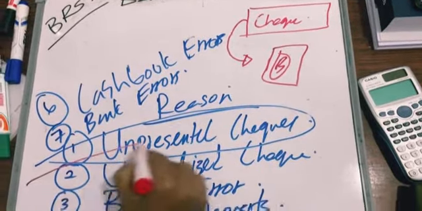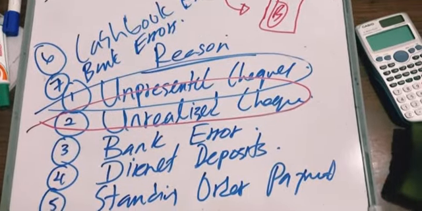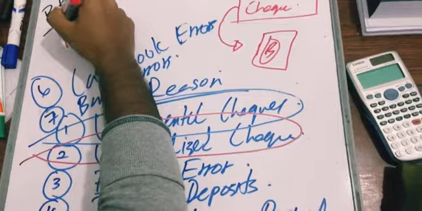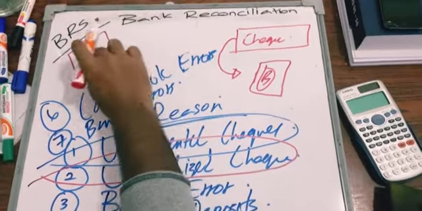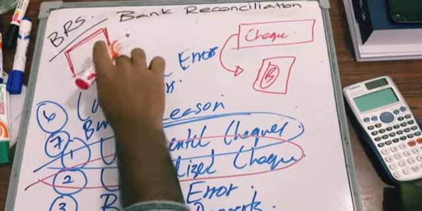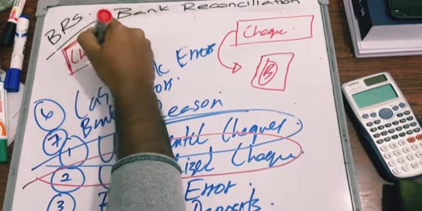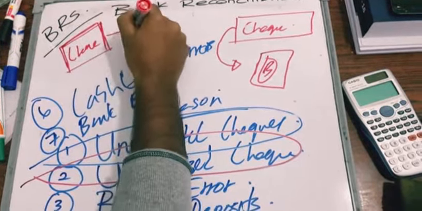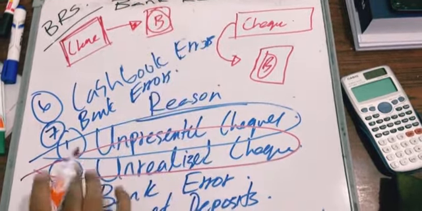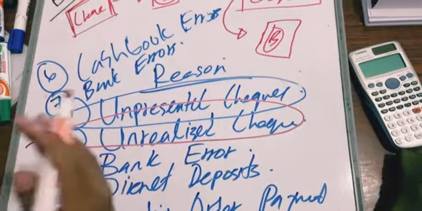Next, unrealized checks. What do you mean by unrealized checks? Now, just think you have received a check, and you have deposited that check in the bank. But the bank has not credited your account.